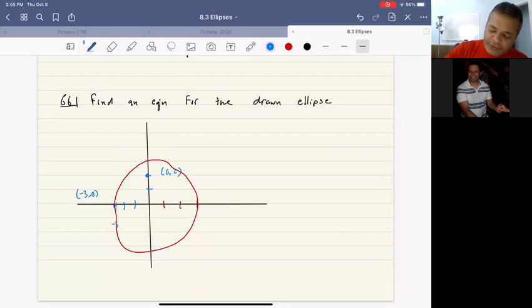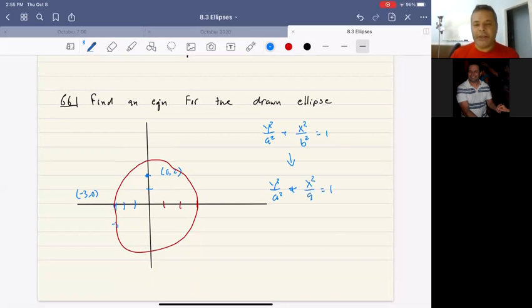Okay, so we know it's going to be y squared over a squared plus x squared over b squared equals 1. We know that b is 3. Okay, and we also know that c is 2.